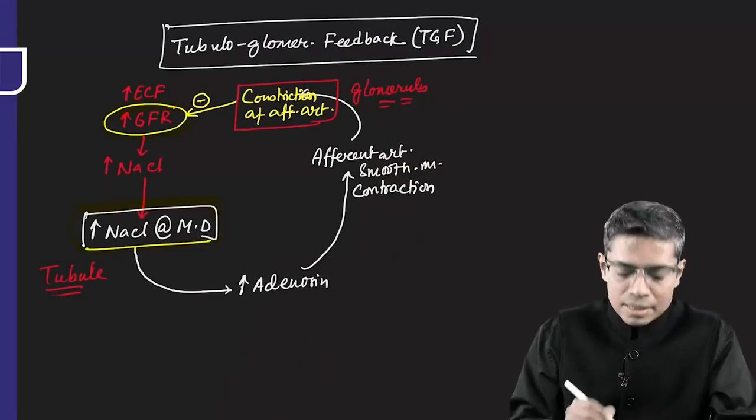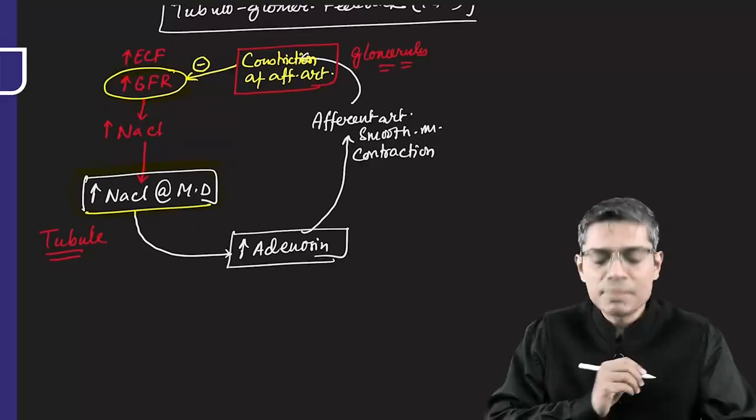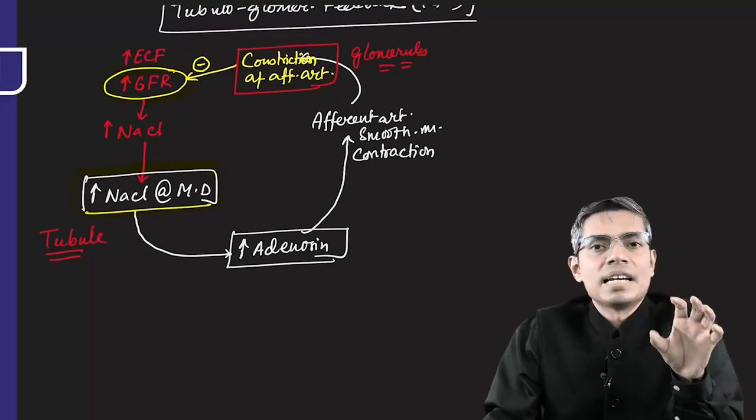I told you that there are two main mechanisms of auto-regulation of GFR: the myogenic mechanism and the tubuloglomerular feedback mechanism. So now if I ask you which is the main cell responsible for this tubuloglomerular feedback mechanism, that is the macula densa cell. And what is the mediator for this tubuloglomerular feedback mechanism? That is nothing but adenosine.